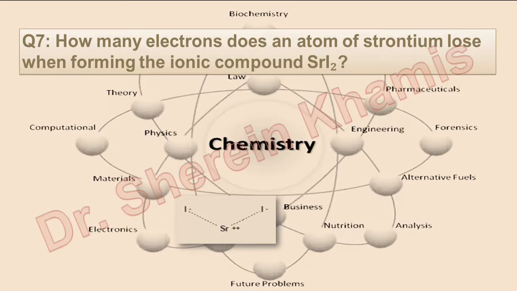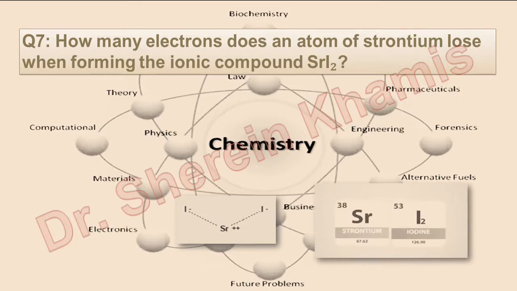Strontium has 2 valence electrons and iodine has 1 electron to gain, so they will make an exchange here. So how many electrons does an atom of strontium lose to form the ionic bond? It will lose 2 electrons, giving 1 to each of the 2 iodine atoms.